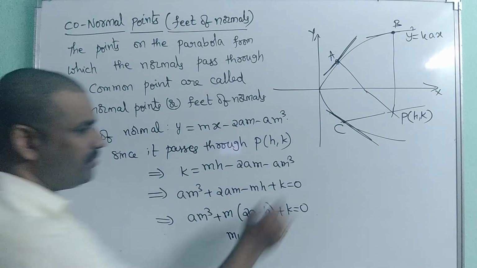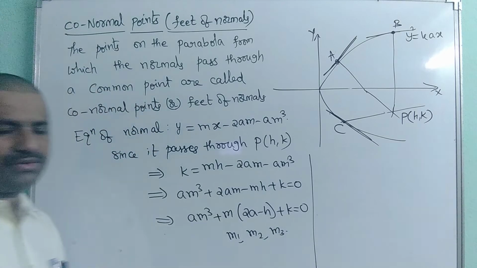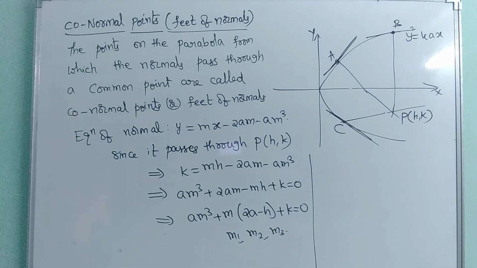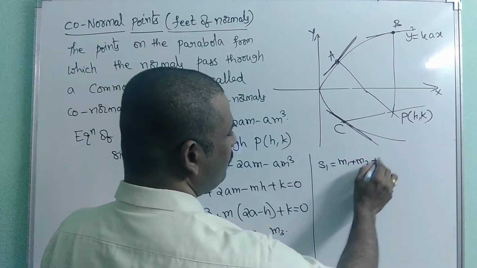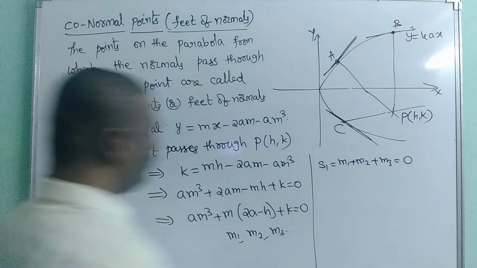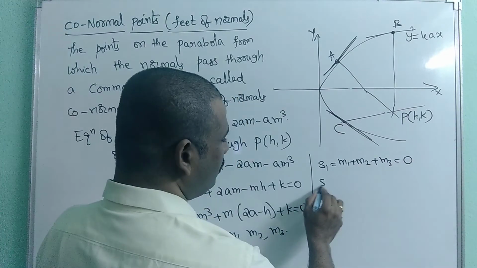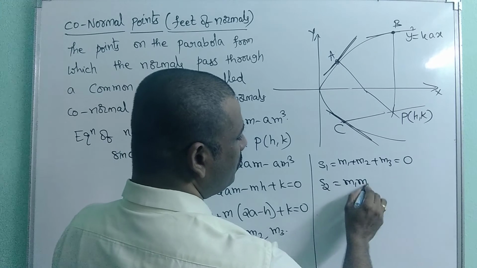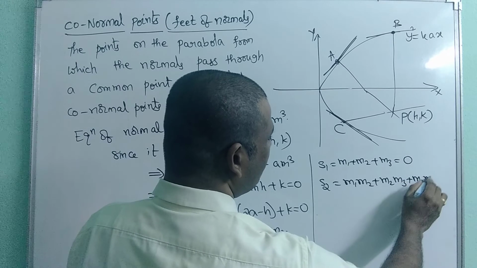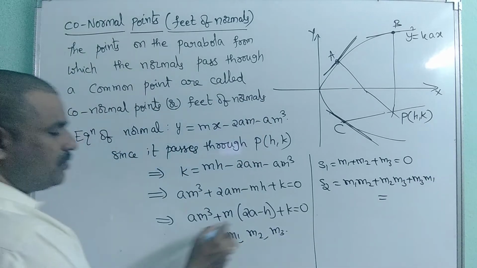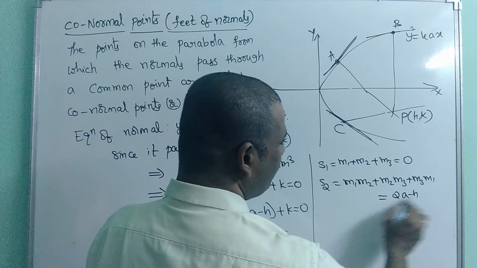Now for this cubic equation, what are S1, S2, S3? S1 equal to m1 plus m2 plus m3, which equals 0. S2 equals m1 m2 plus m2 m3 plus m3 m1, which is equal to (2a minus h) by a.